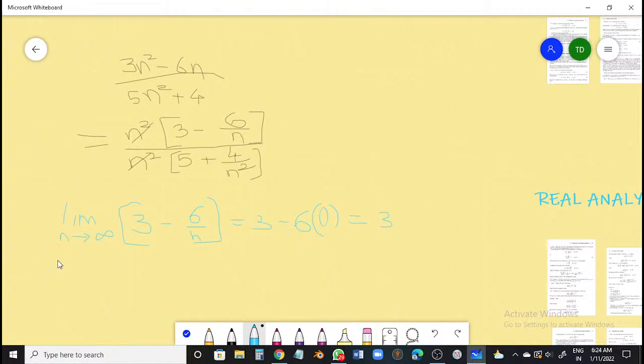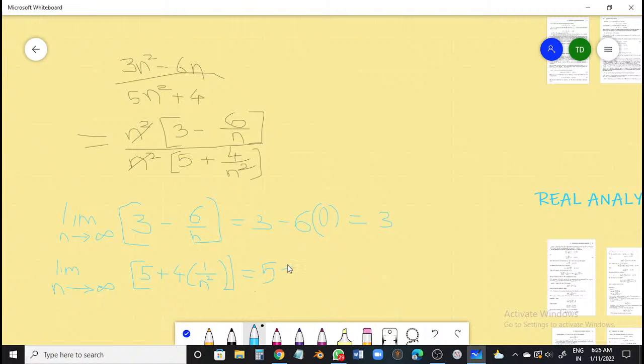Same way, in the denominator you will observe this limit as n tends to infinity of (5 plus 4 by n square). We will read it as 4 times 1 over n square. And now you apply the limit, 5 being a constant sequence, its limit is the same.